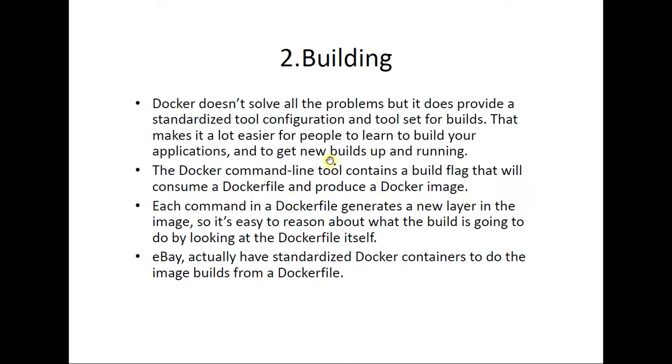In the building process, Docker uses the build flag which creates the Docker image, and it contains Dockerfiles, which contain the commands we use to make changes in the project. Each command in the Dockerfile generates a new layer in the image.